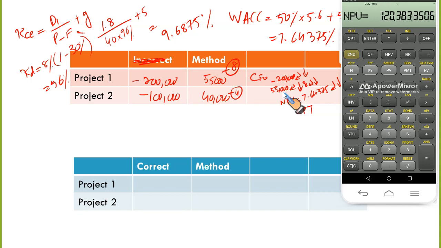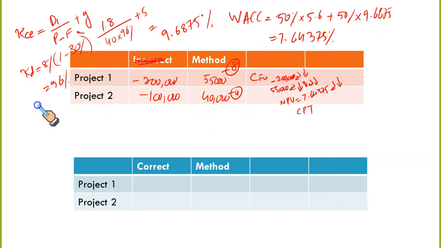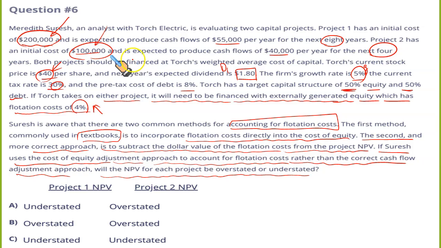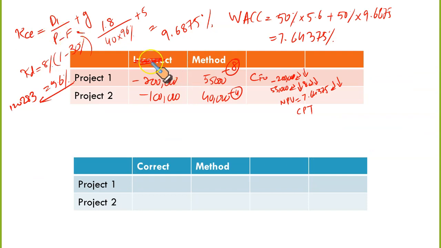It's 120,283. For the first project, NPV, I'm going to write at some suitable place. It is 120,283. Please do not forget, this textbook approach is the one that this gentleman, Meredith Suresh, has used.